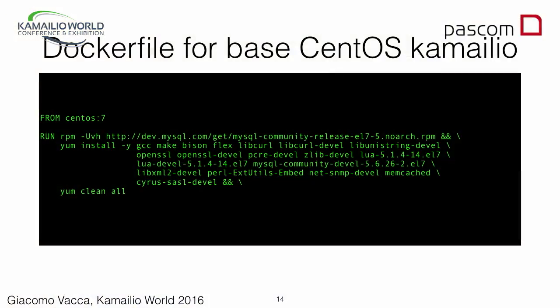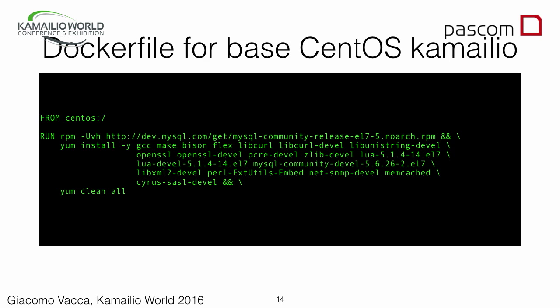So, an example of a Dockerfile. A Dockerfile is a recipe. It's just a text file that describes what the Docker image should contain. And this is a very simple example of preparing a Docker image for building Kamailio. So you can see you take a public generic CentOS 7 image, for example, as the base.